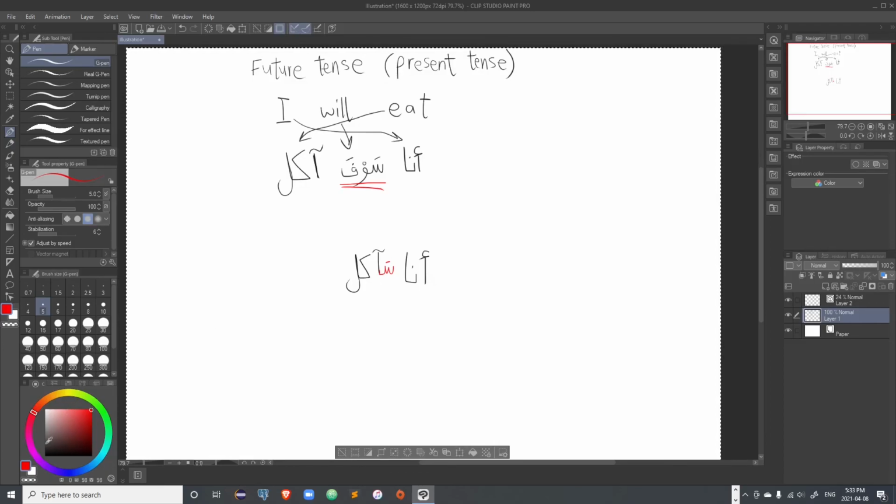This form right here indicates swiftness, even though it will be in the future, but it means that the speaker or the pronoun will enact the verb swiftly. This lacks urgency.